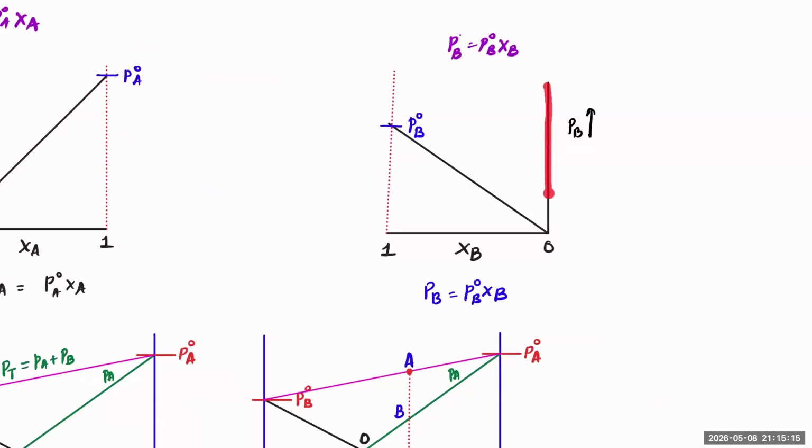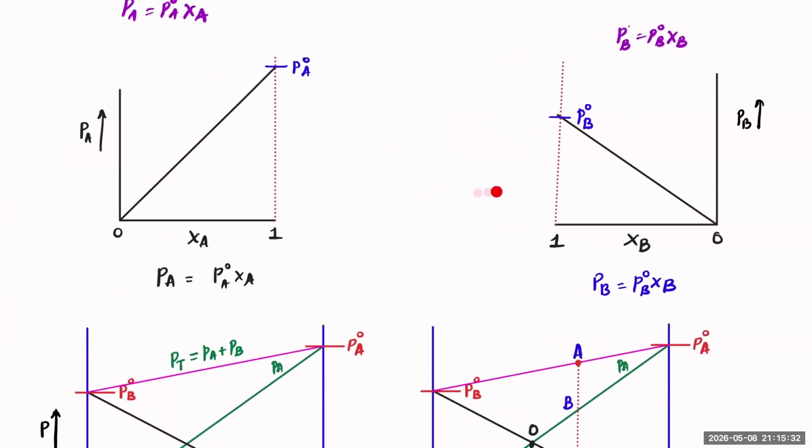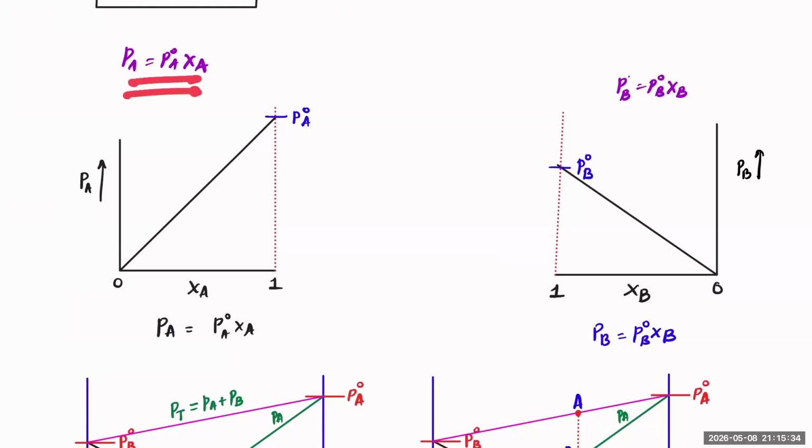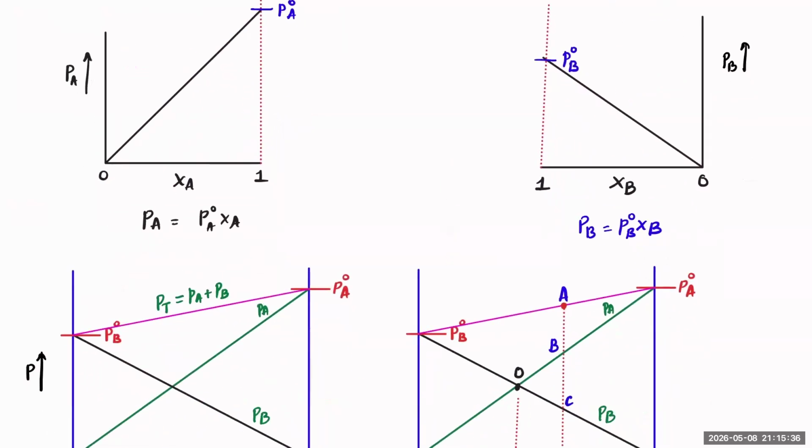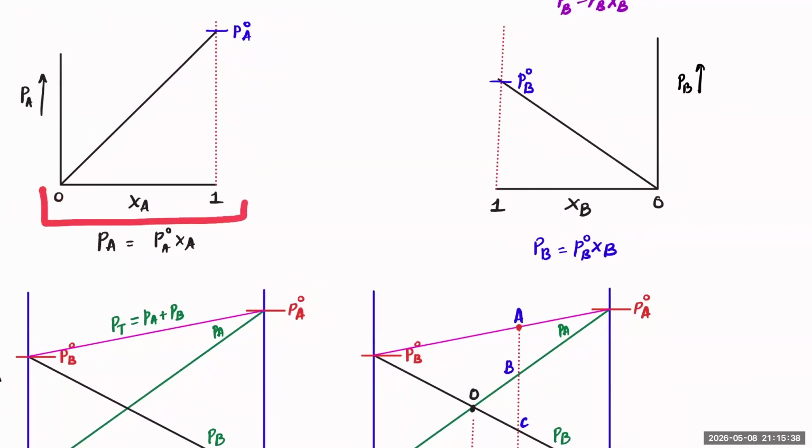Similarly, I will write the x direction here now. Just for the reference, I'm writing it in this direction, not in this direction. So in that case, from 0 towards this one, the graph will vary. Okay. So PB is equal to P naught B into XB, correct? And PA is equal to P naught A into XA. Now notice one thing, this graph and this graph are two different graphs, but we can merge them.